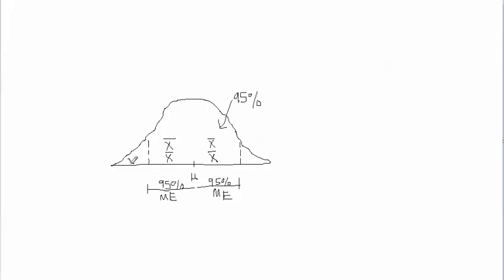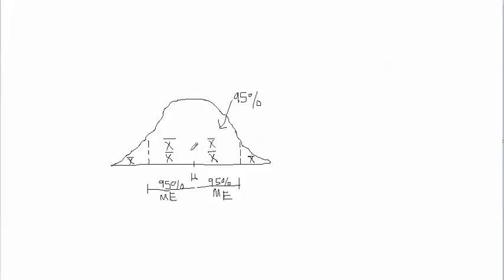A sample down here would have a really low sample mean, and a sample up here would have a really high sample mean. So as a researcher, I would hope to get a sample from the middle 95% because that's the most accurate area where the sample means are closer to the population mean.